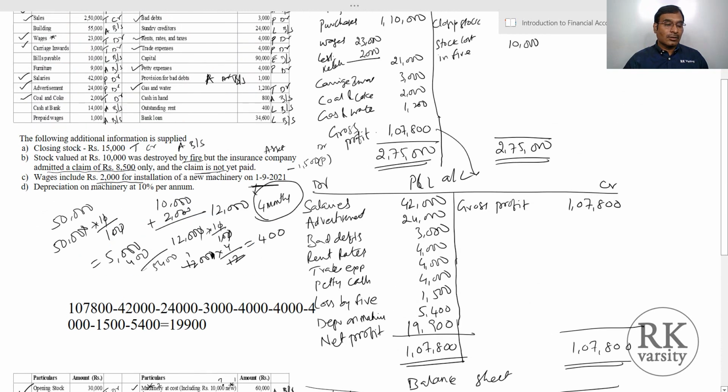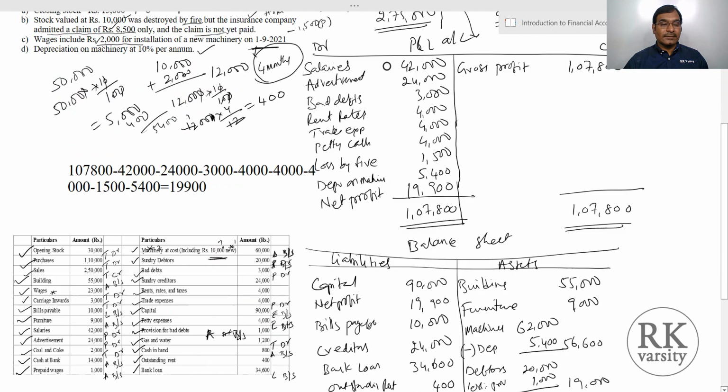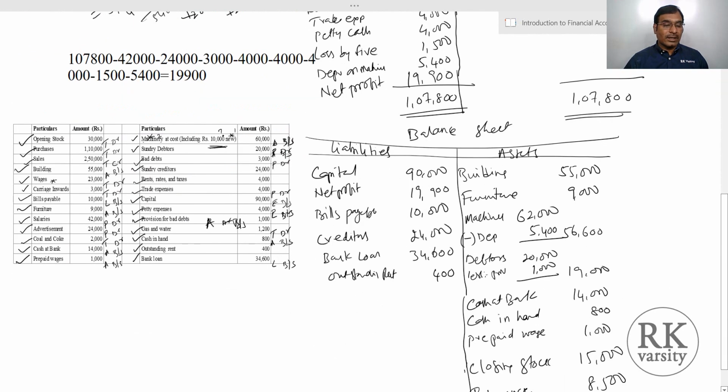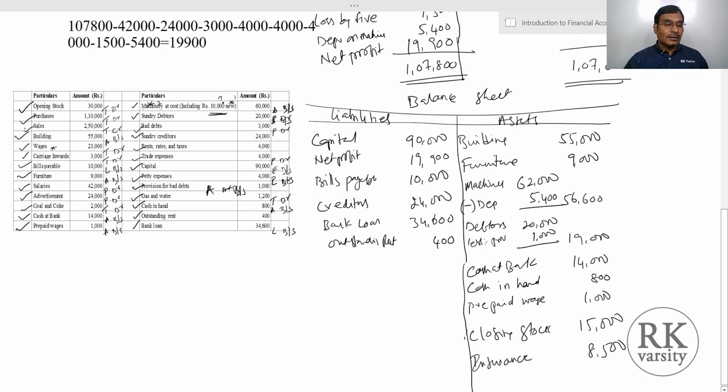So closing stock we posted in the trading account as well as in the balance sheet, and the insurance claim is shown in the balance sheet. Then loss is shown in the profit and loss account. This is done. And wages included we adjusted in the trading account by deducting and added to the asset account, and depreciation is also calculated. Now we look at whether we posted all items or not. So this appears to be good for me.